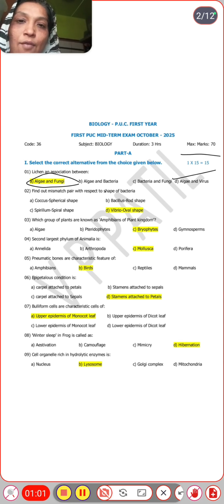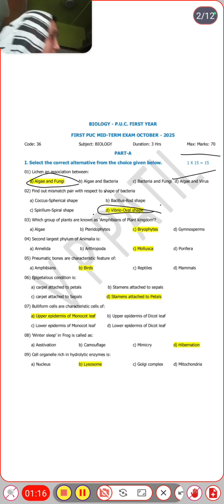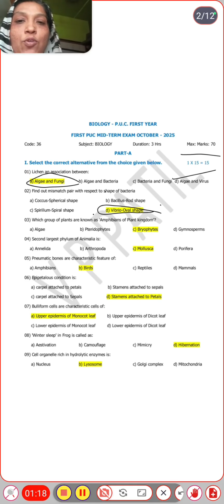Find out the mismatch pair with respect to shape of bacteria: coccus and spiral shape, bacillus rod shape, spirillum spiral shape, vibrio oval shape. Which group of the plant are known as amphibians of plant kingdom? That is algae, pteridophytes, bryophytes, gymnosperm, bryophytes.